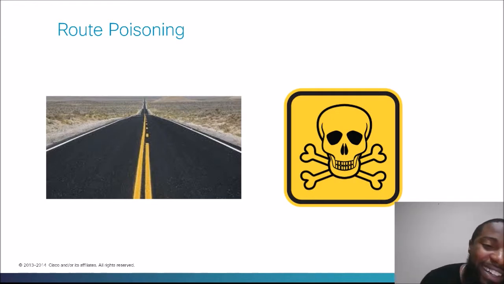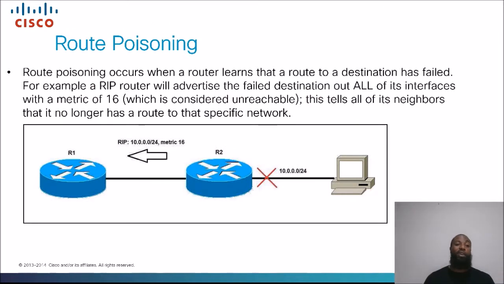So let's go ahead and take a look at the official definition in the slides. Route poisoning occurs when a router learns that a route to a destination has failed. I did say that. For example, a RIP router, because different routing protocols determine a route as poisoned or unreachable in different ways, will advertise the failed destination out of all of its interfaces with a metric of 16, which is considered unreachable, right?